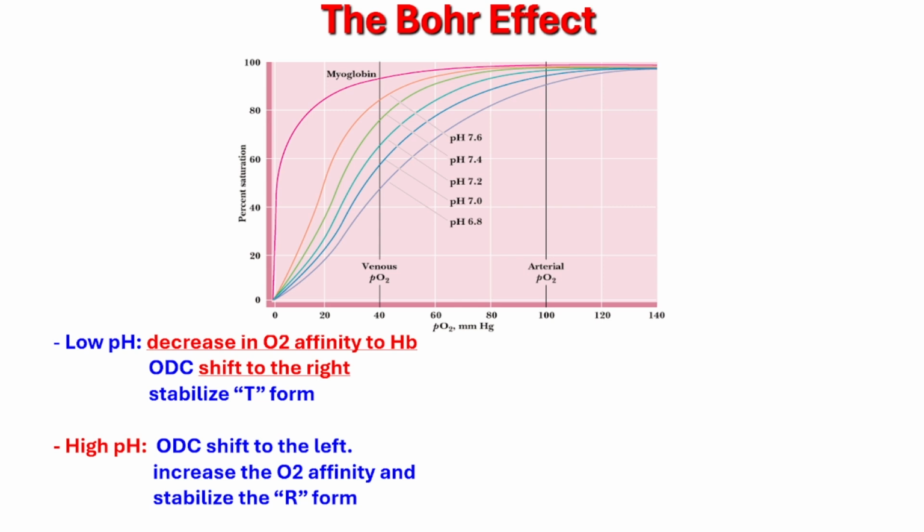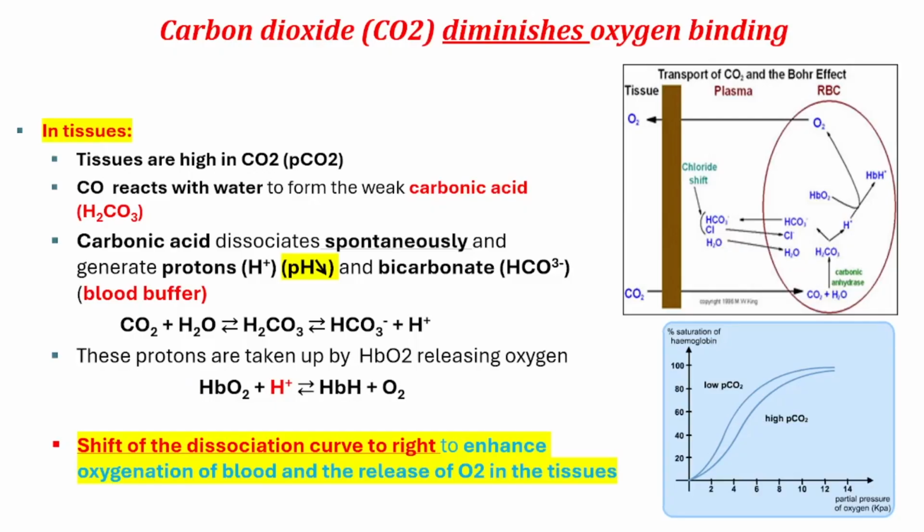And here, which form am I promoting, T or R? It's the R. So this is how the pH can change the ODC, the oxygen dissociation curve.